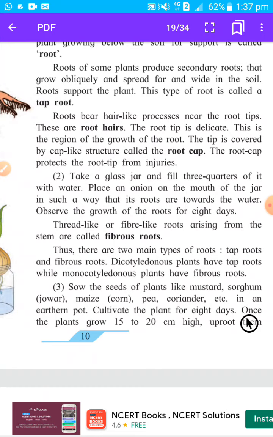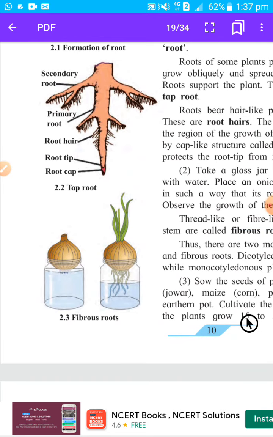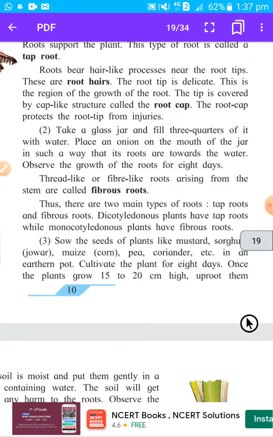Why do we have to use a glass jar? Because we have to observe the roots developed in the onion bulb. Observe the growth of the roots for 8 days. As the glass is transparent, you can observe the growing roots.